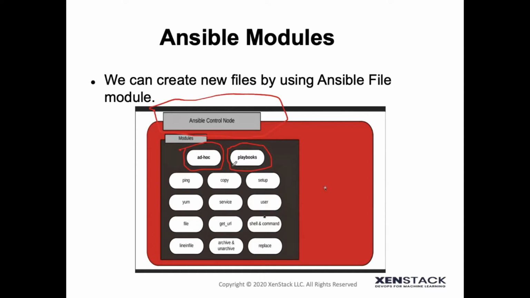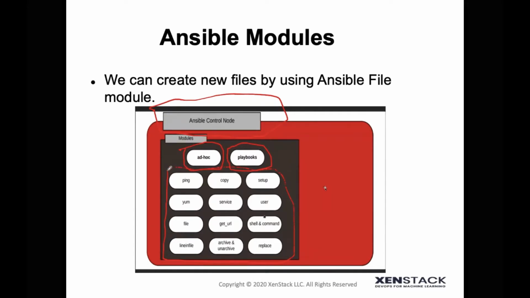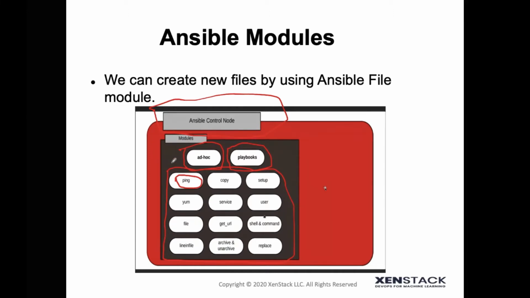Okay. So moving further, these are the modules which we use in our playbooks and ad hoc commands. These are just a few modules. There are many more modules available in Ansible as well. One very famous module is the ping module, which helps us check the connection with the remote machine, that is, whether your remote machine is running or not.